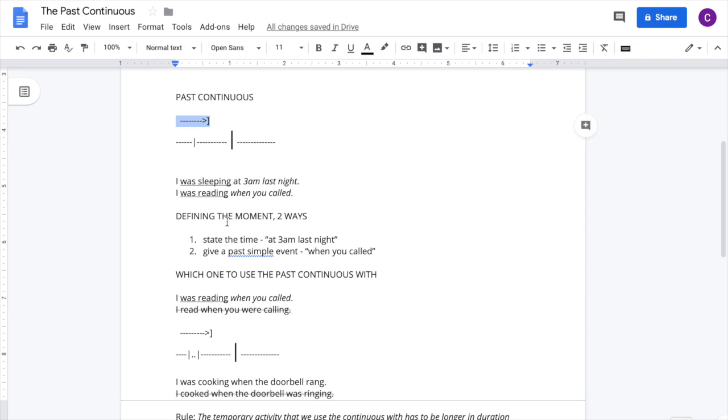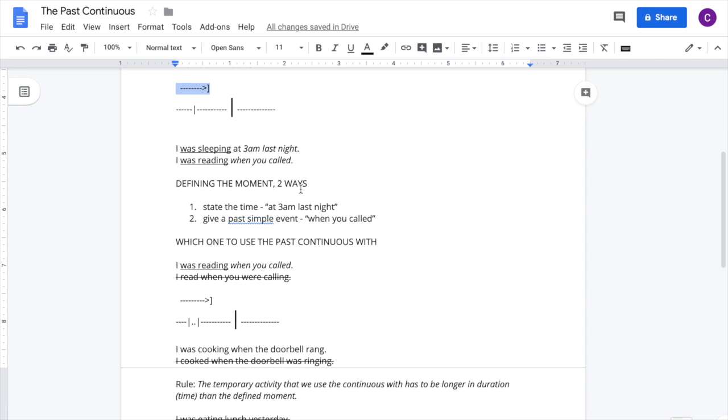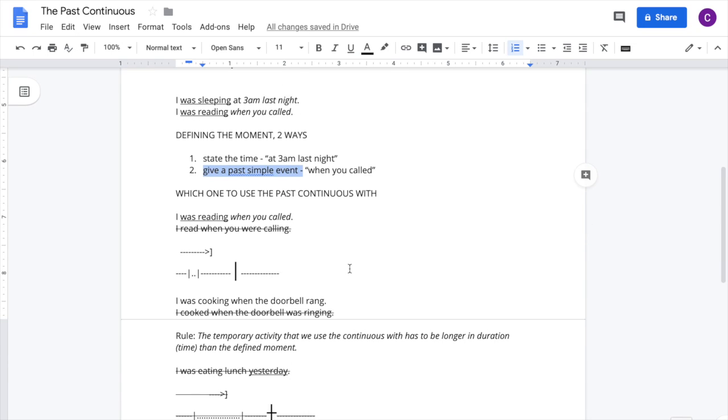And that moment has to be defined. Again, that moment has to be defined in one of two ways. One is just to state the time. The other is to give a past simple event. Actually, it can also be a state. It's really just a past simple verb is what I should say.